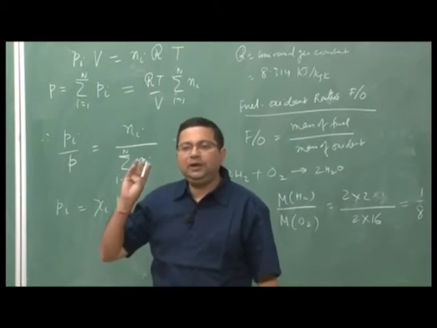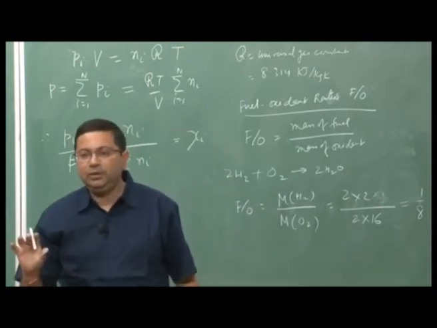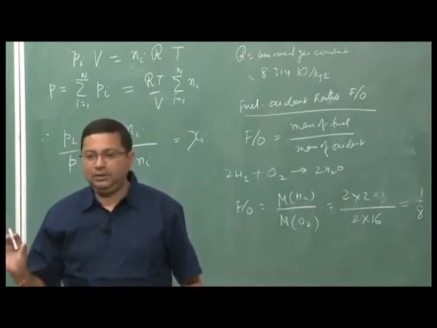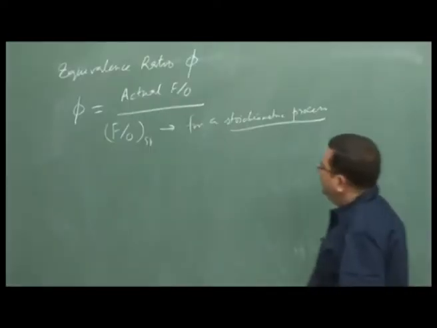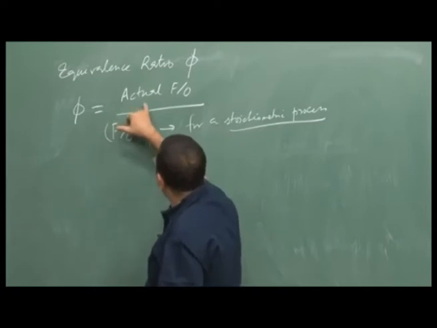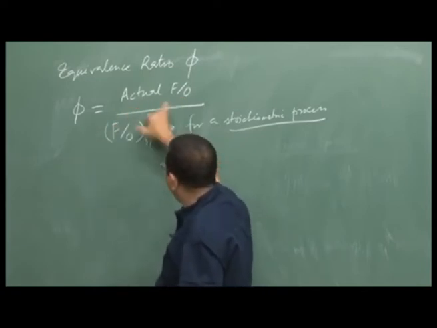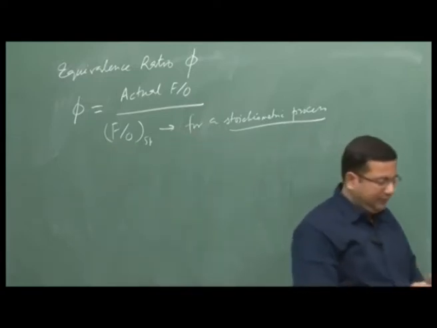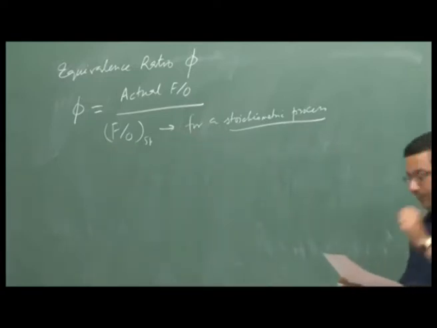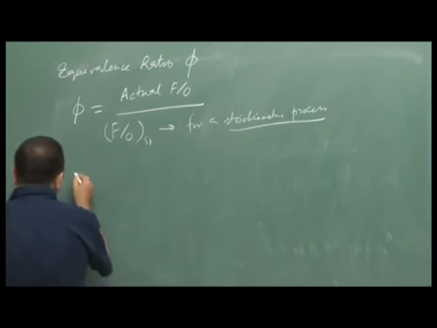So, both the fuel and oxidizer is completely used up, we have only product. That is what a stoichiometric process is. So, therefore, now equivalence ratio is defined as the actual fuel oxidizer ratio divided by the stoichiometric fuel oxidizer ratio.